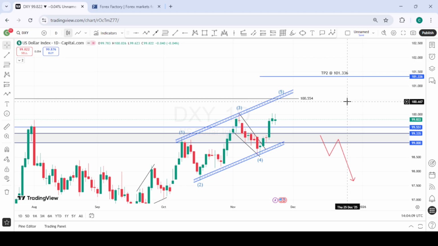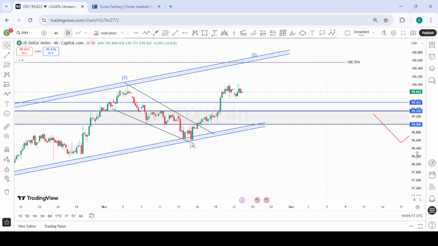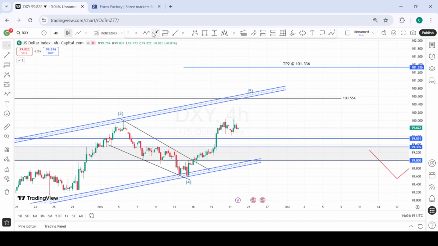So what we'll be looking out for is a possible pullback into any of these areas. We're going to look forward to a possible pullback to this zone or this zone, whichever. And if we get buying confirmations, we'll continue the buy to the upside. So we are going to be very bullish on DXY.